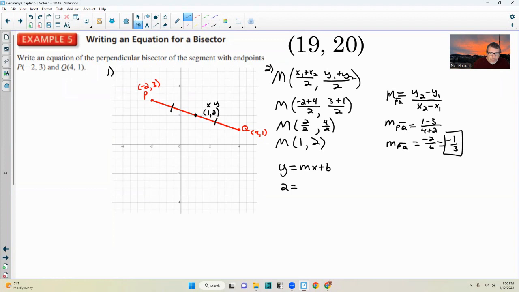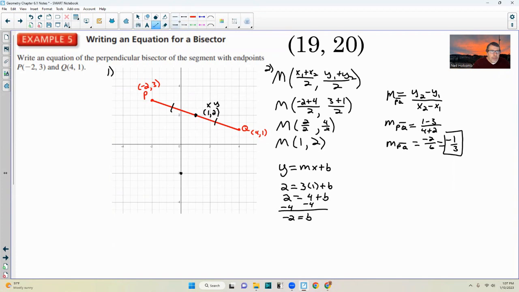So flip this over, it's 3 over 1 and it's positive. So my slope is 3, my x is 1, and all I have to find is b. So 2 equals 3 times 1, which is 3, plus b. Subtract 3 from both sides, and I get b equals -1. So that's my y-intercept. So here is b right here.